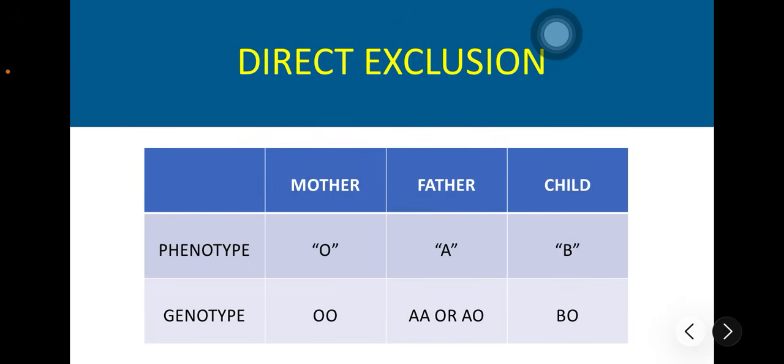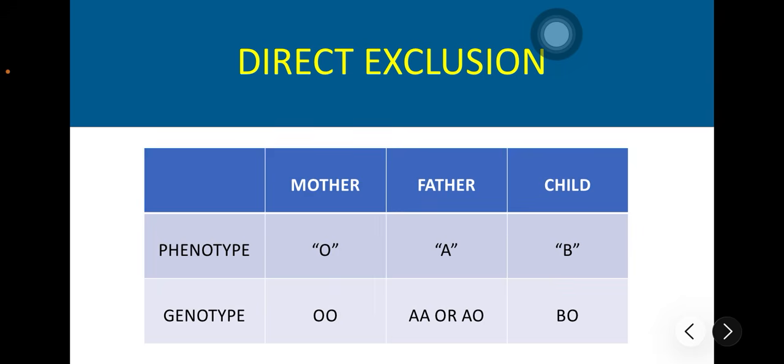Now let's go further with an example. Again, for direct exclusion, the child has inherited a genetic marker that is not found in the mother or the alleged father. The obligatory gene is the gene that should be passed on by the father to establish probability of paternity.